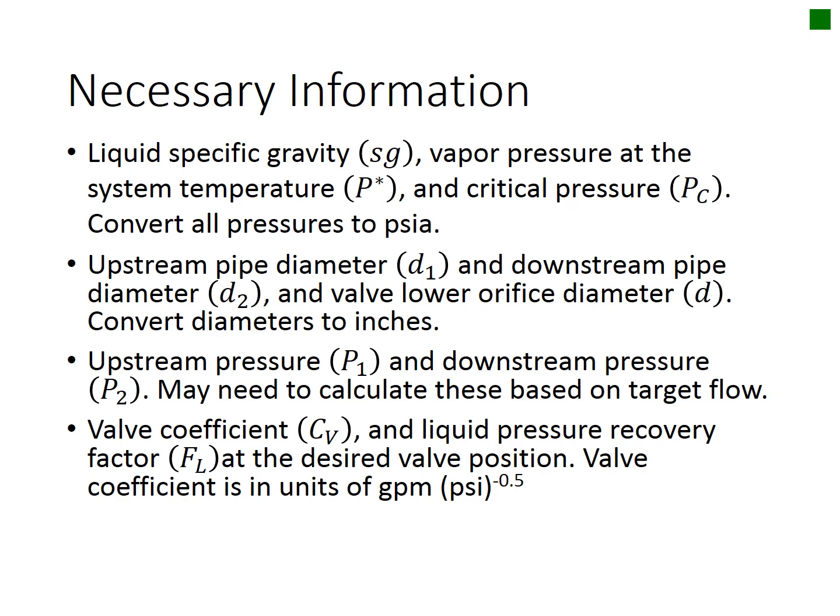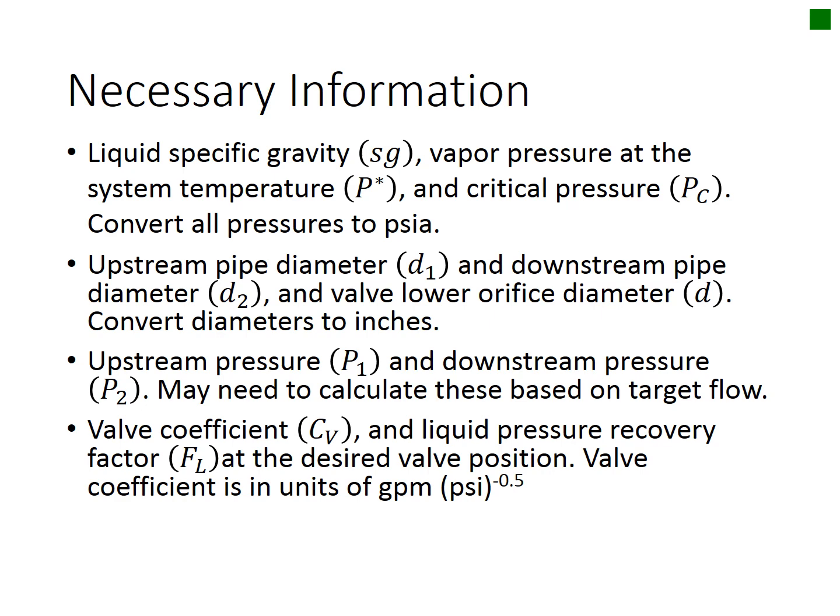We need to know the upstream and downstream pipe diameters, which are D1 and D2 respectively, and the valve orifice diameter D, and we'll convert all these diameters into inches. We need to know what the upstream pressure is and the downstream pressure. And these might need to be calculated based on the flow targets that we want.